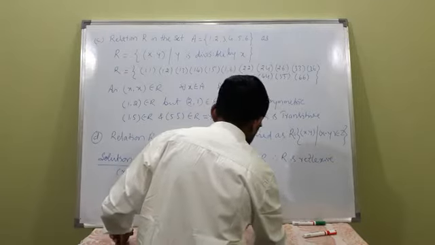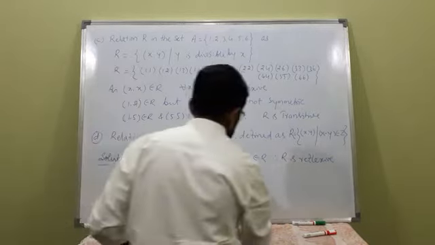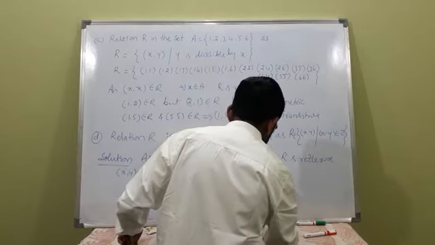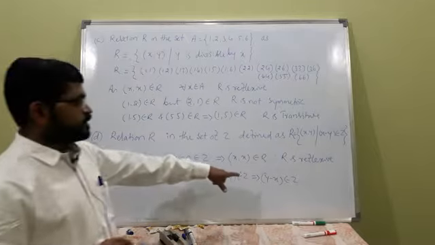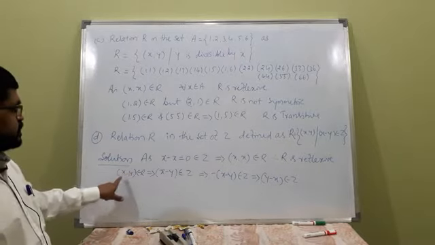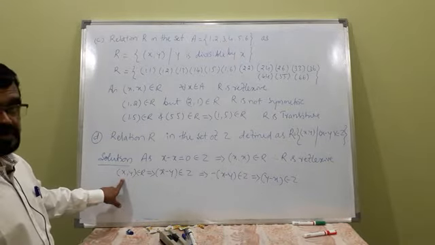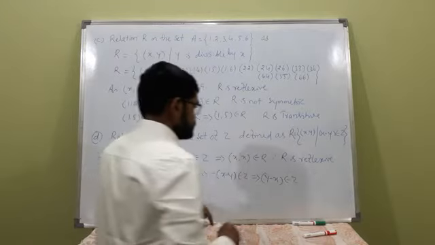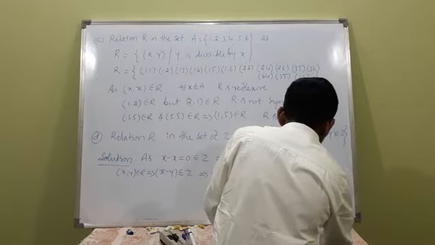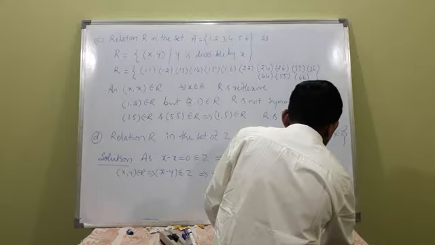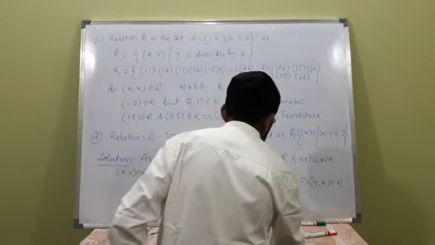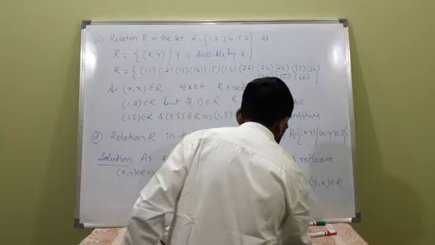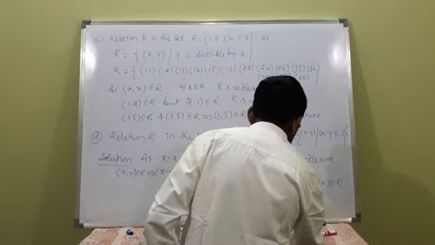That means y minus x is also an integer. y minus x is an integer means (y, x) should belong to R in this relation. That implies (y, x) belongs to R. Therefore R is symmetric.